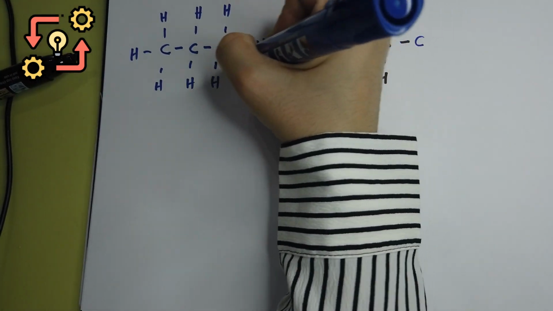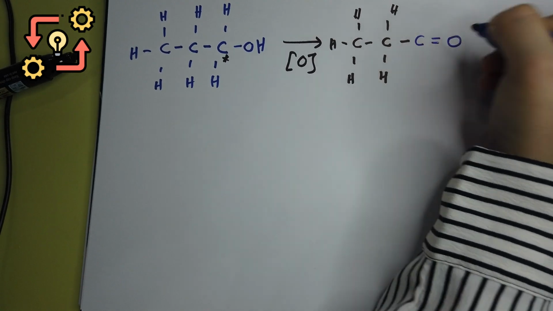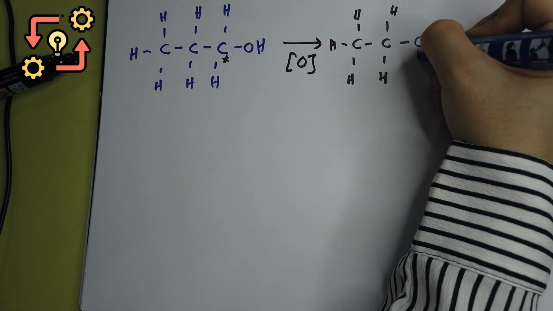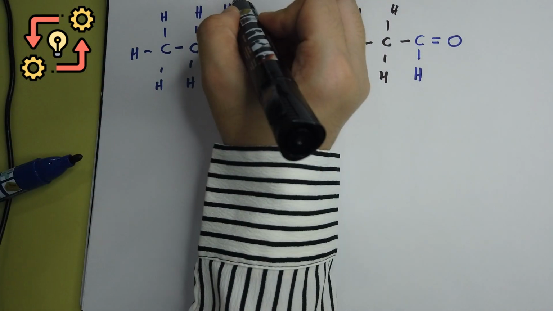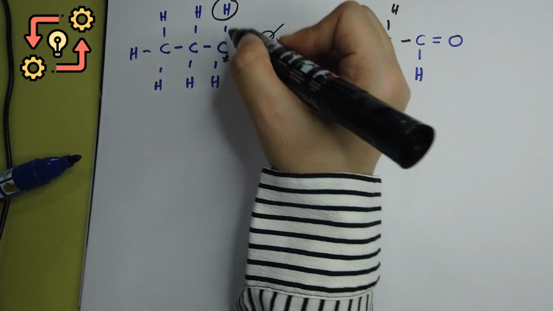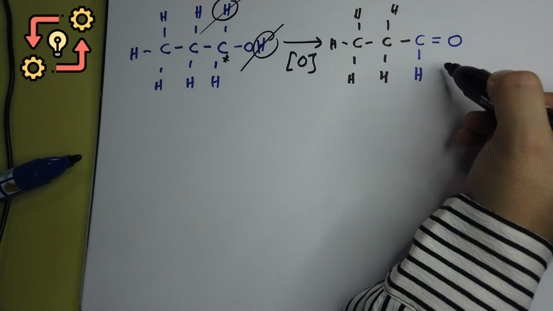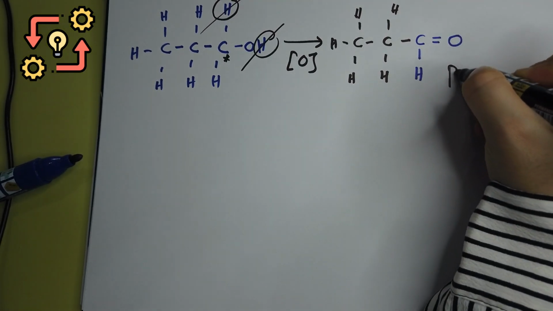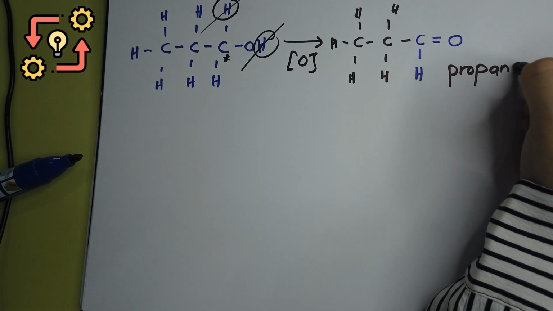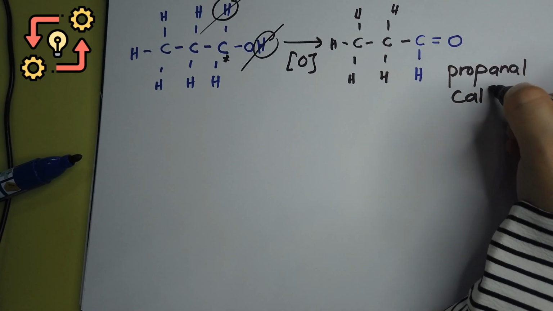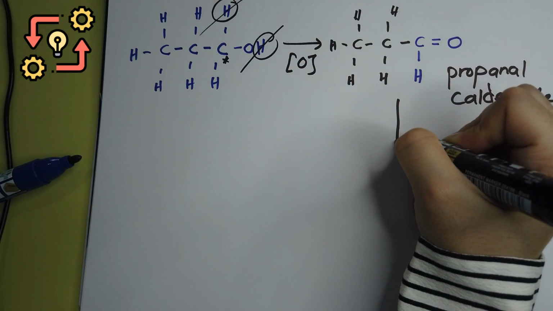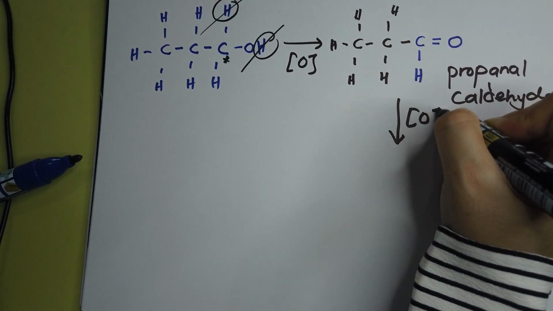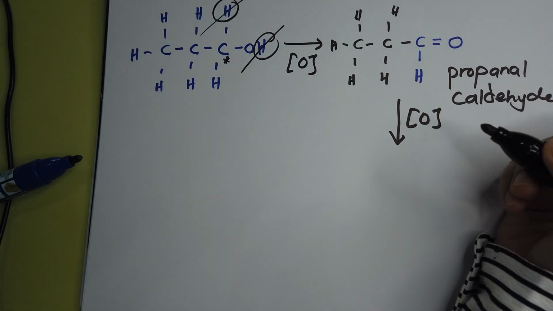But for your carbon here, your OH should be changed to a double bond O. This one remains, but the hydrogen here and hydrogen here will be removed to create this propanal, which is an aldehyde.